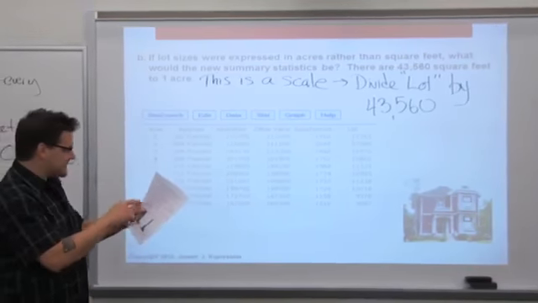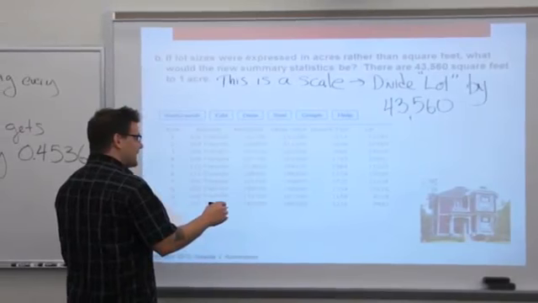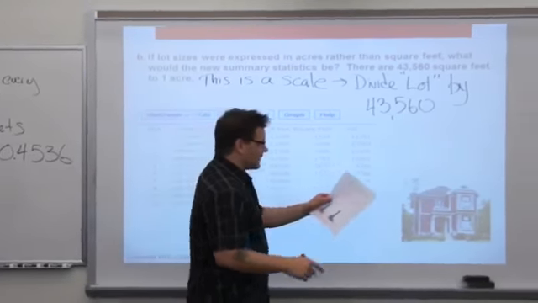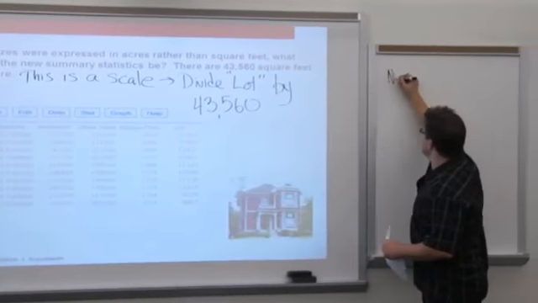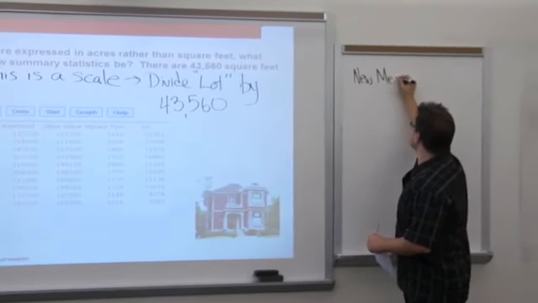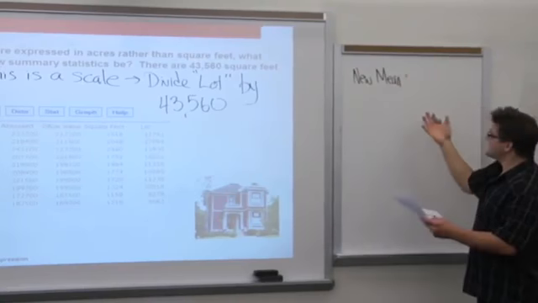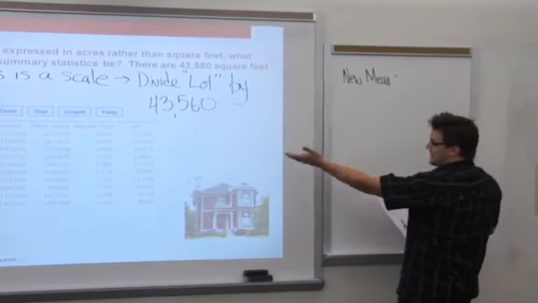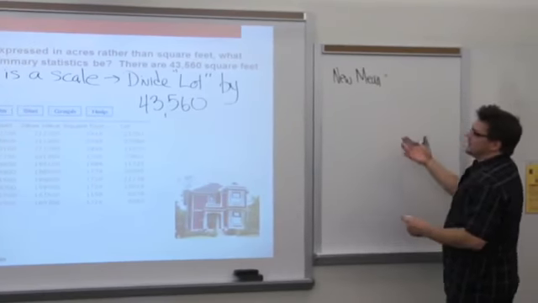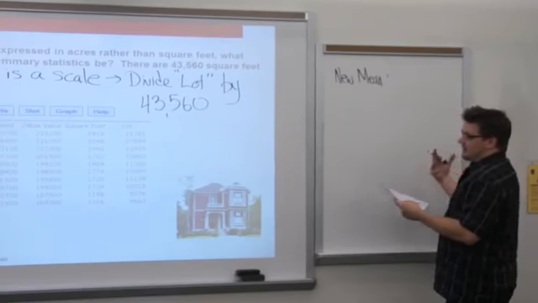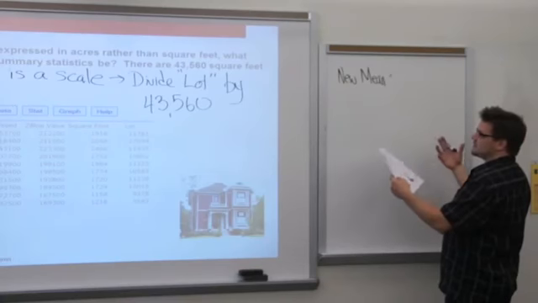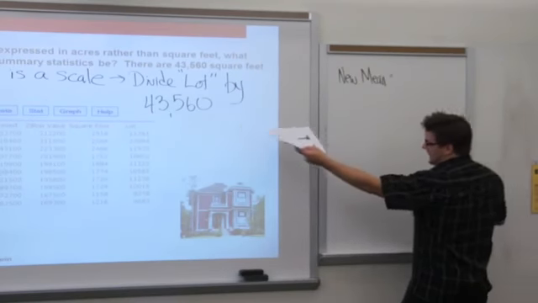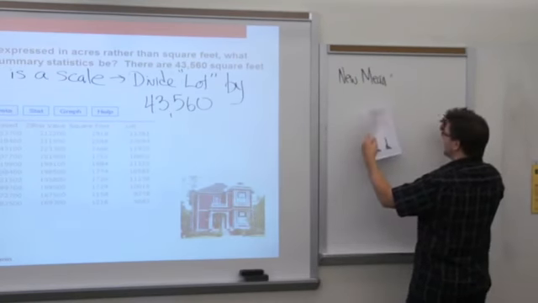I'll write down the summary statistics, and maybe I'll go to the sideboard and make a list here. The new mean would be, I take the old mean, because I'm dividing all my data by 43,560, all of the statistics, everything, measures of center, measures of position, measures of spread, everything gets divided by the 43,560.